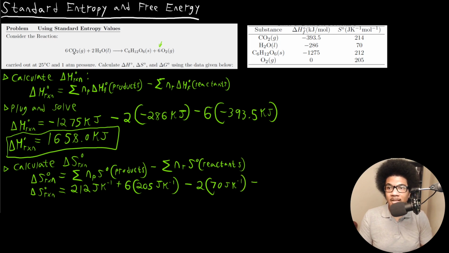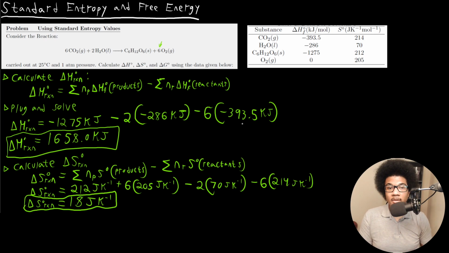And lastly, we have CO2, which has a stoichiometric coefficient of 6 out front, times the absolute entropy, which is 214 joules per Kelvin. So that's going to give us an absolute entropy of 18 joules per Kelvin.